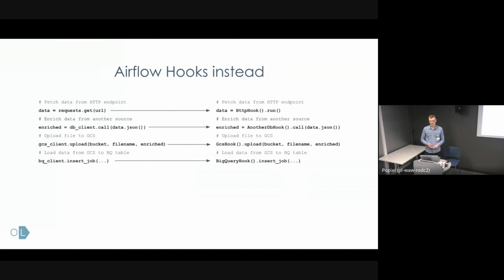You can use connections with all the benefits from it, so you don't need to deal with passwords, etc., because it's all contained in Airflow. But still, you need to do some manual work to rewrite the code for hooks.